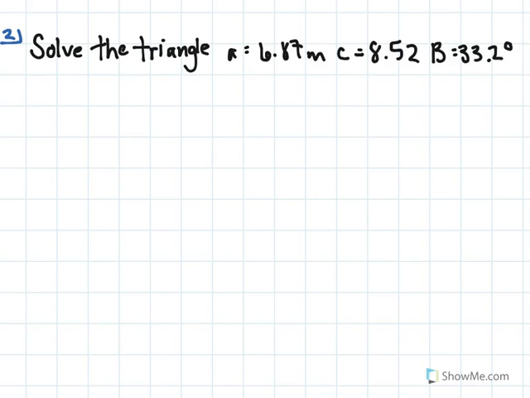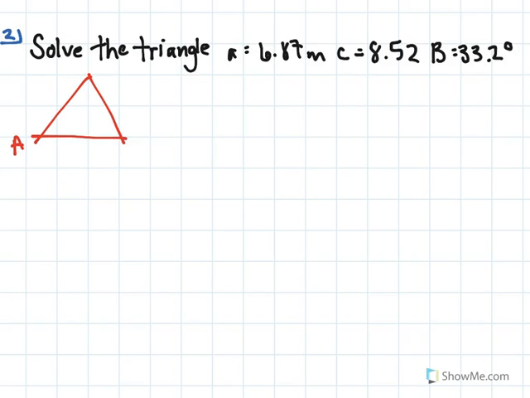In this problem, we're asked to solve the triangle with side a equal to 6.87 meters, side c equal to 8.52 meters, and angle B equal to 33.2 degrees. Again, we're just going to start by sketching a triangle. That could be the triangle we're working with.